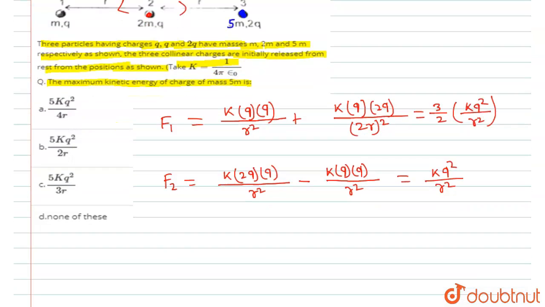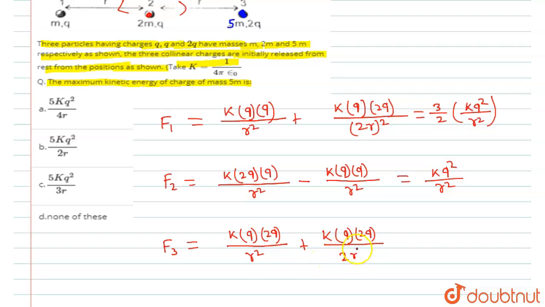Now we have to find F3, the force on the third particle due to the first and second particle. This is equal to K into Q into 2Q divided by R square due to the second particle, plus K into Q into 2Q divided by the distance due to the first particle on the third particle.